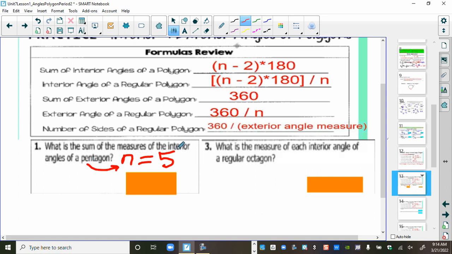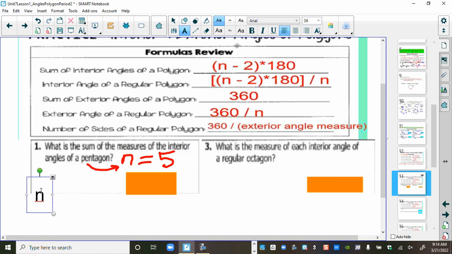Okay, if you want the sum of the measures of the interior angles, which one am I using? First, second, third, fourth, or last? Which one? First. So we use this one right here. N minus 2 times 180.